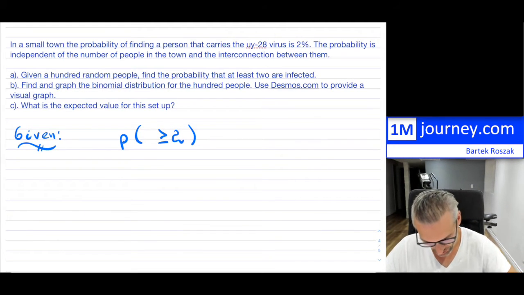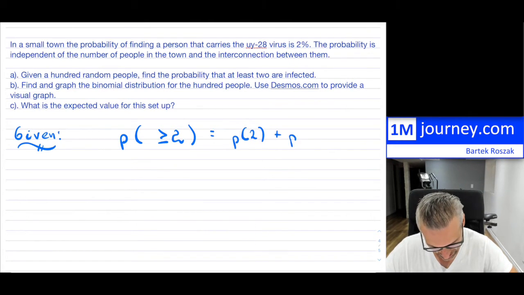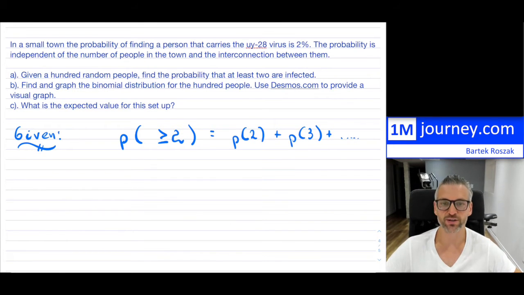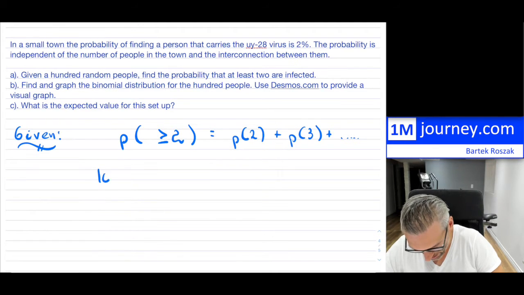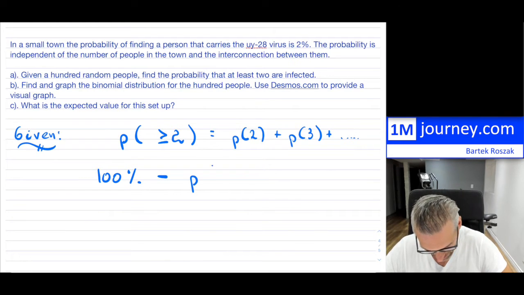Now, of course, this would mean that we would have to find out what's the probability of 2 plus what's the probability of 3 plus, all the way up to 100, and then add them up and find out what that would be. Now, the alternative for this is saying the following. Well, we can take 100% minus the probability of the opposite, which means that we have less than 2.